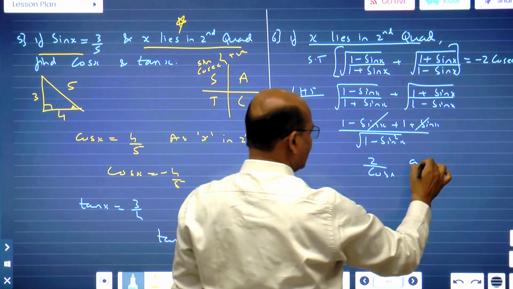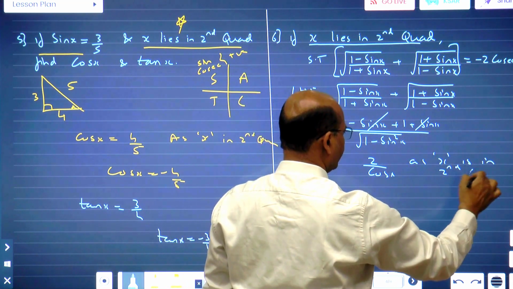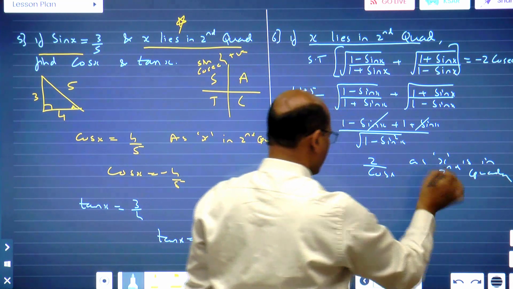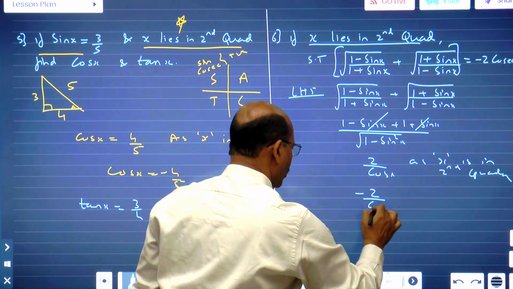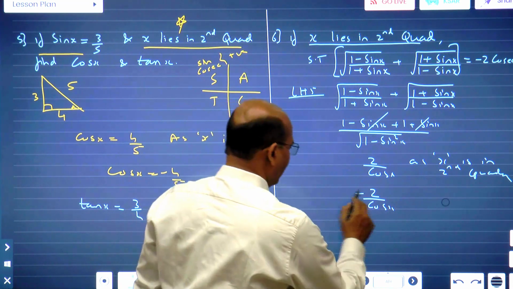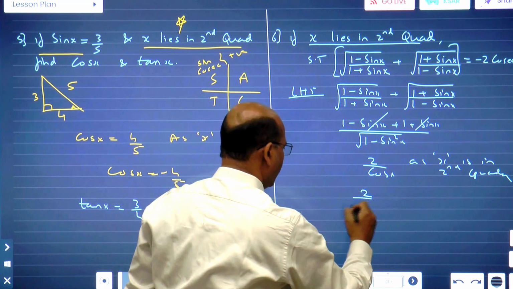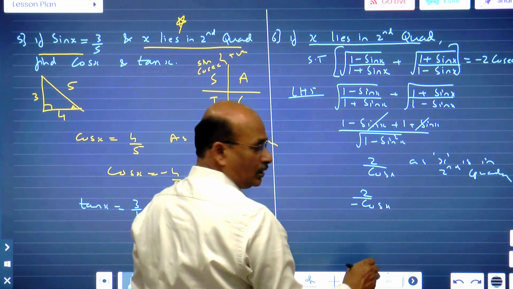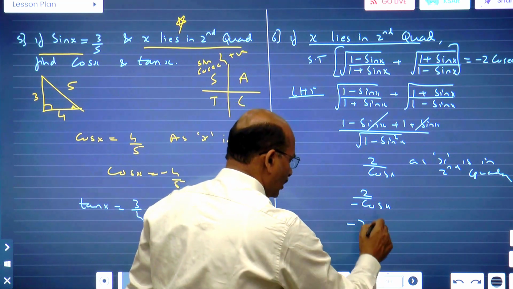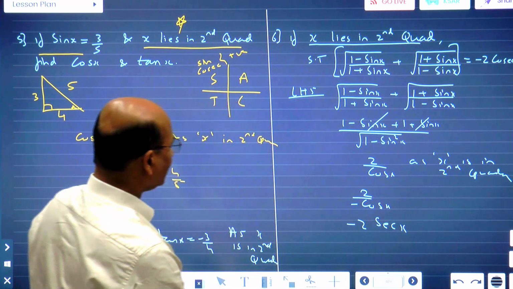But as x is in the second quadrant, it will become minus 2 upon cos x. Instead of writing like this, the best way is to say 2 upon minus cos x. So I can write this as minus 2 what? Oh, something is missing there, something is going wrong.